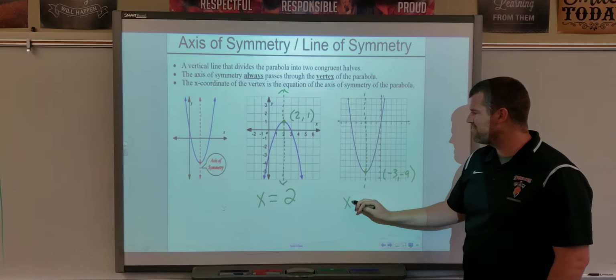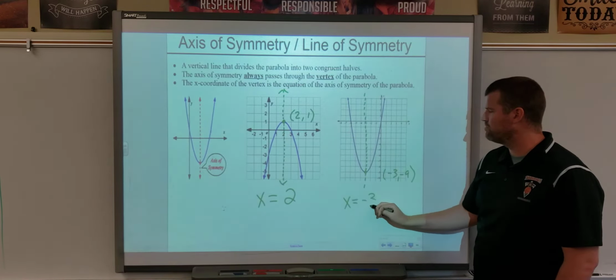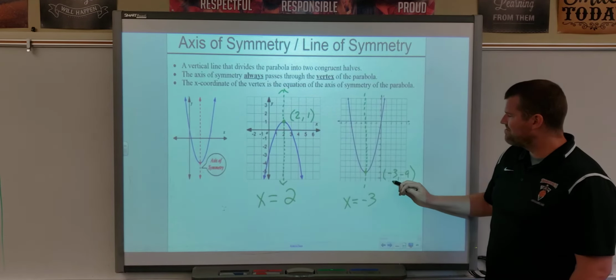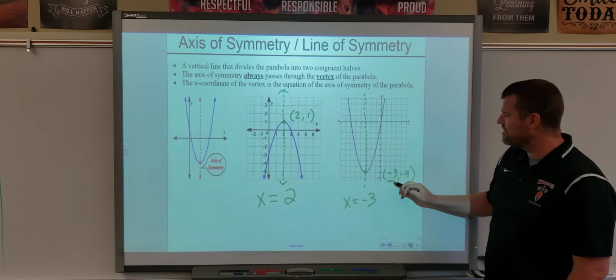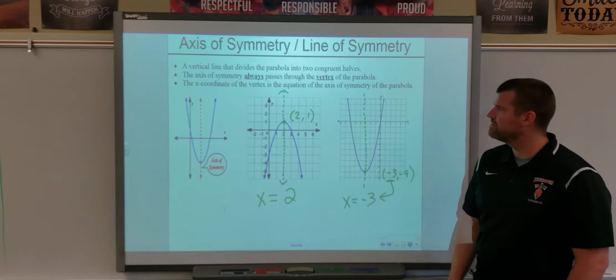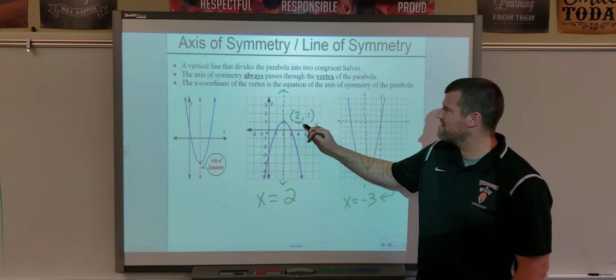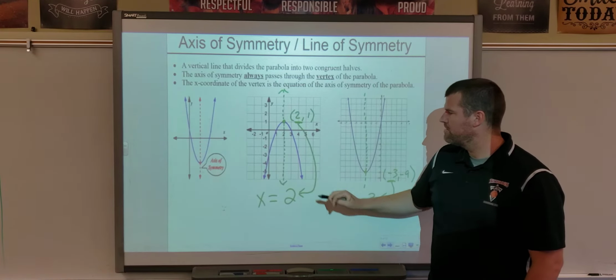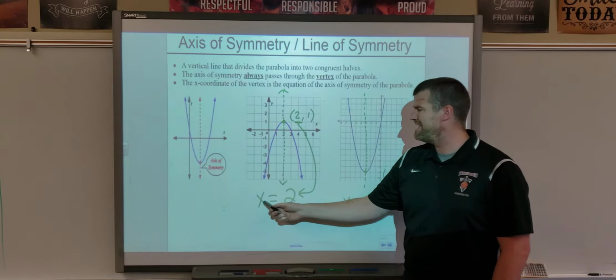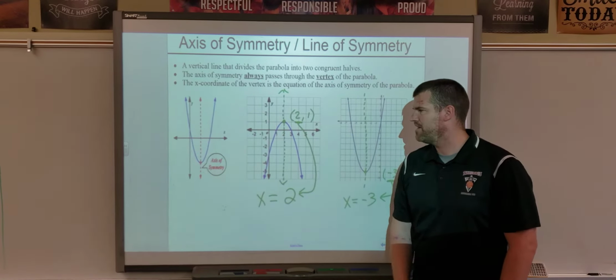So our axis of symmetry is the line x equals -3. Or as I mentioned up here, the x coordinate of our vertex is always the equation for our axis of symmetry. So again, the x of our vertex is always the value for the axis of symmetry. And the axis of symmetry will always be x equals that number.